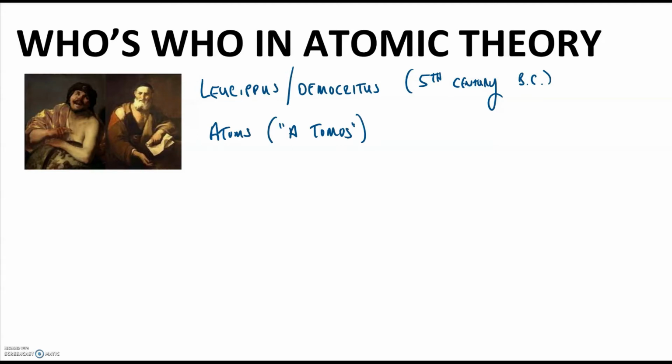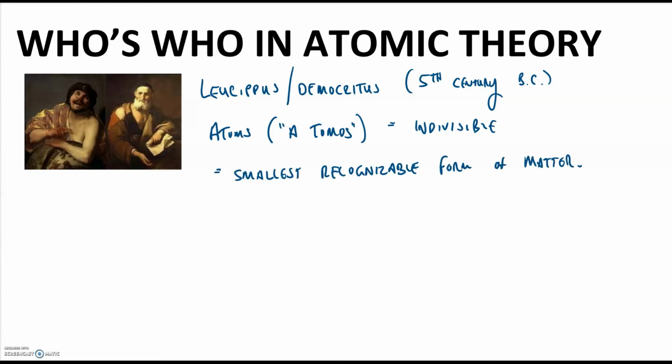In Greek, atomos means unable to be cut, or indivisible. And so this is the first instance where someone is postulating that there is a smallest recognizable form of matter.